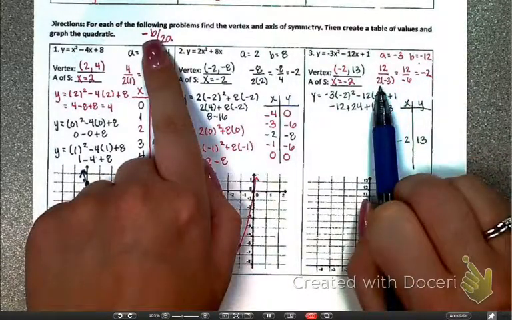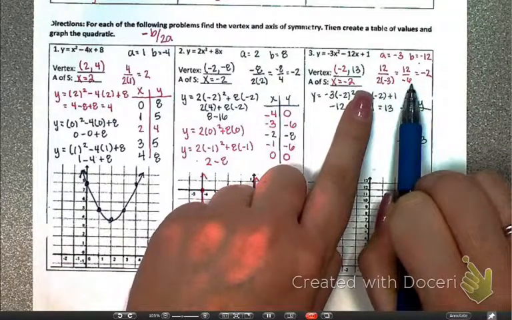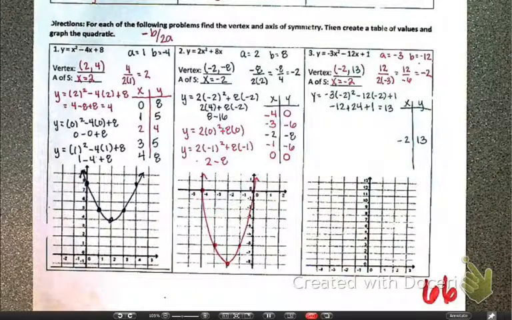And then on the bottom, it's 2 times -3, which gives me -6. 12 divided by -6 is -2. That negative is going to be something that messes you up, and if you get it wrong for x, it's going to make y wrong, which means your whole problem's wrong. So you have to be really careful that you take each step at a time.